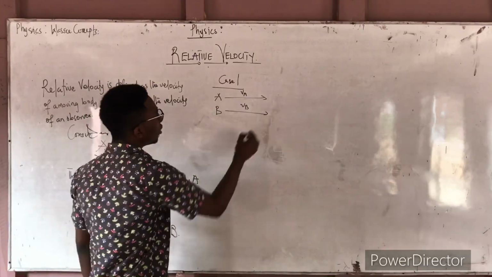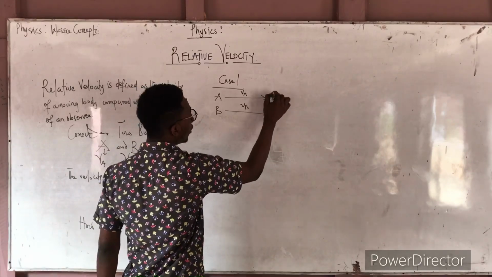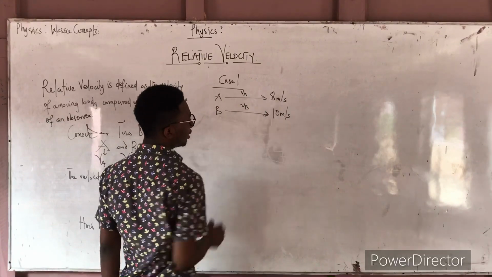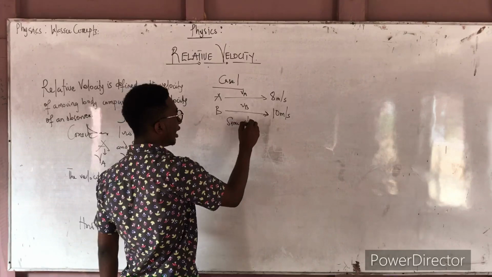For case one, let's say A is moving with a velocity of 8 meters per second, and B is moving with a velocity of 10 meters per second, in the same direction.